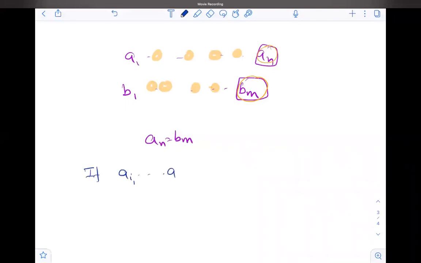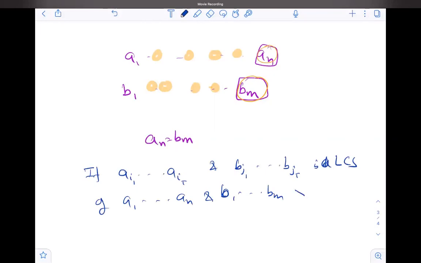AI1 to AIT and BJ1 to BJT is a longest common subsequence of A1 to AN and B1 to BM, and AIT is not equal to AN, or maybe the opposite one.